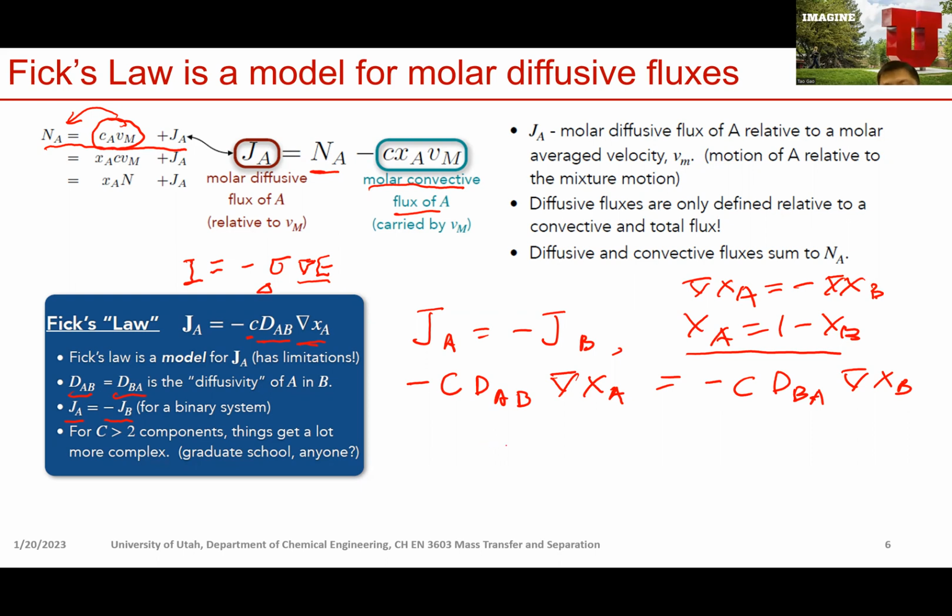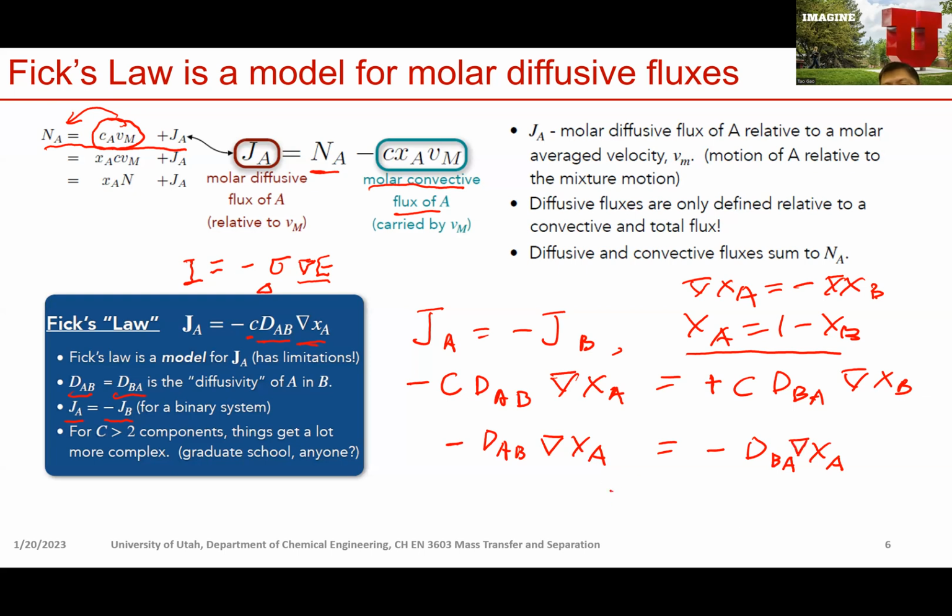Oh, sorry, there's a minus sign here, which I missed. So this should be positive, right? Because there's a minus sign here. So let's do this. DAB grad XA, let's keep the minus sign here. Then, because we have a minus sign here, that gives us minus DBA grad XA, right?